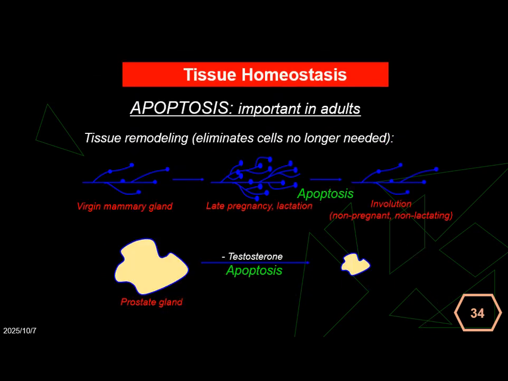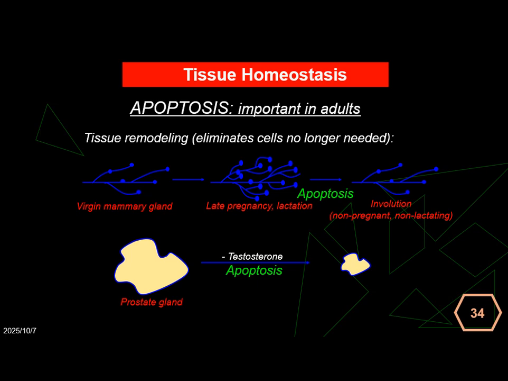Okay. Apoptosis in adults: one example is the mammary gland. Stimulation by pregnancy will cause proliferation of the mammary gland.